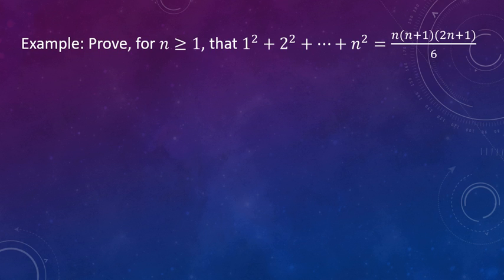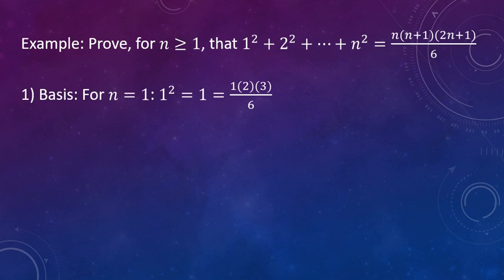So again, we're going to start with our basis step. The problem says for n greater than or equal to 1, so that value of 1 is what I'm plugging into each side of this equation here in my basis step. So the sum of the squares of the first one positive whole numbers is just 1 squared, which is 1.